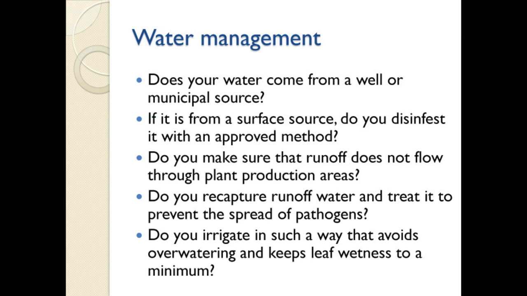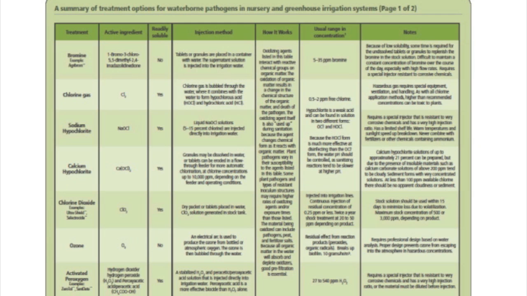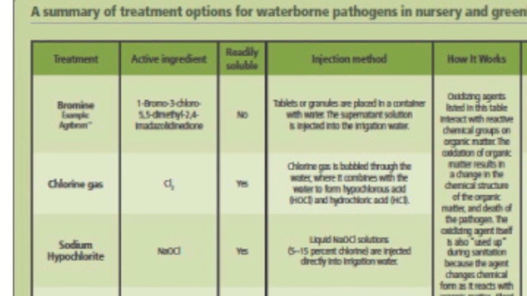And so if you do have water from a surface source, do you disinfest it before you use it for irrigation? And you'll find, I'm so happy with this, Kurt, on pages 60 and 61 in your manual, a very detailed table that talks about all the different treatment options you could use that would be effective for disinfesting your irrigation water.